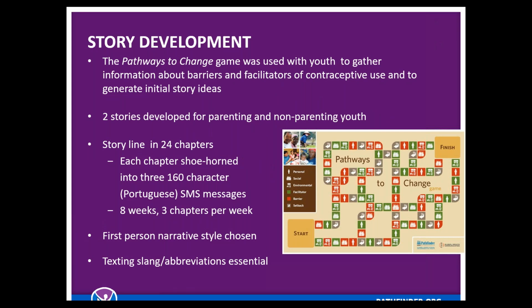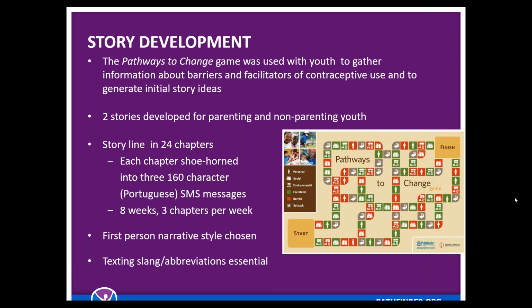So, the development of the stories. We used the Pathways of Change game as a tool to gather information about all the barriers and facilitators for contraception use, and used all of that information to generate initial stories.